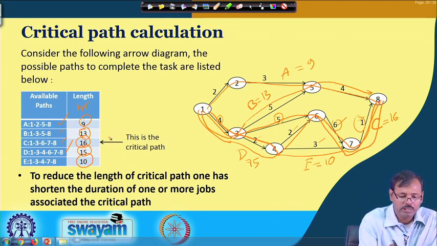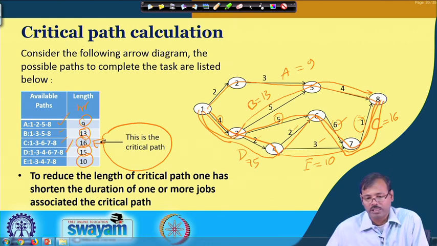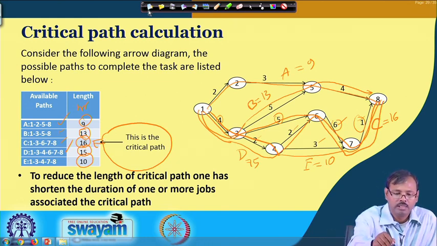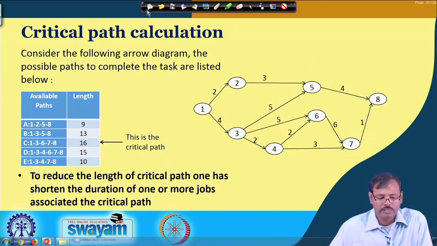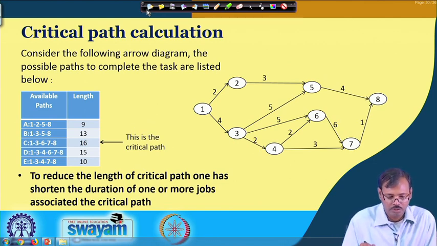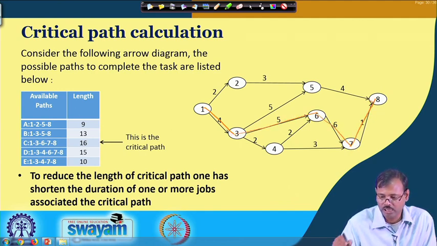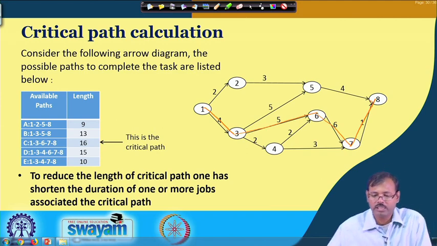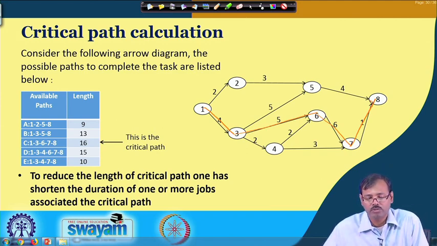That means the critical path is the C path, and this gives us that C path, which is 1 3 6 7 8. This path is the critical path, and this requires the earnest attention of the management for its completion on time.